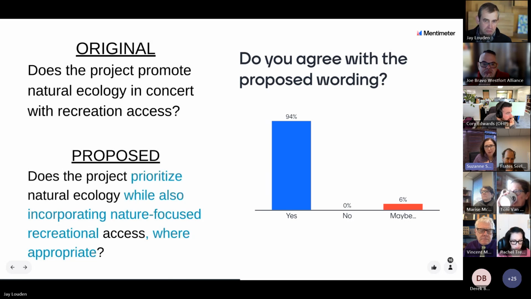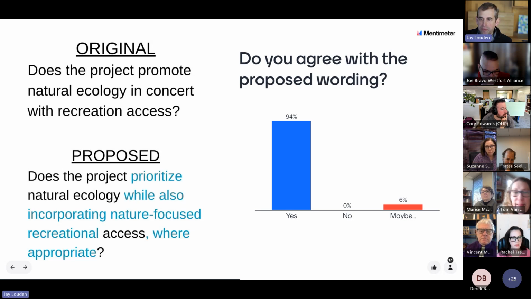So fishing and walking and biking, versus maybe a pickleball court or something like that may not necessarily be nature focused recreation. The public just wanted us to give more priority to those things that are recreation with nature.